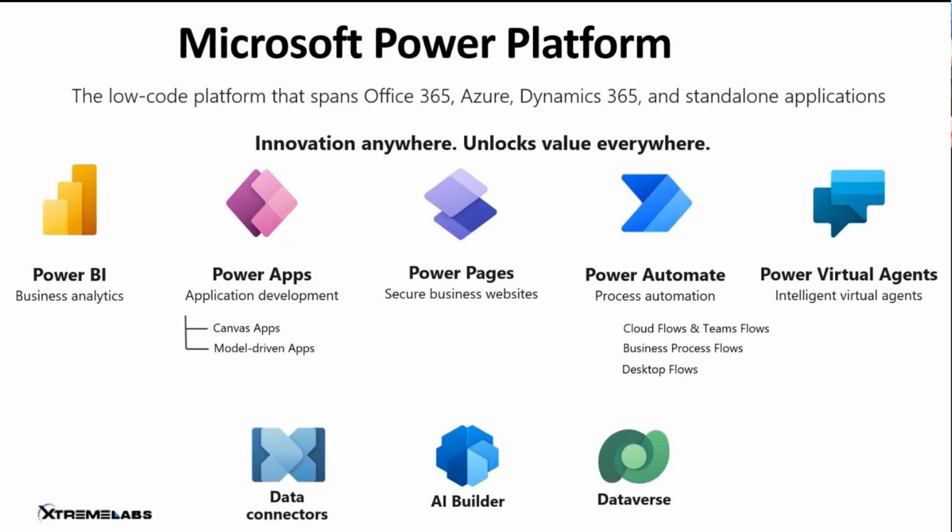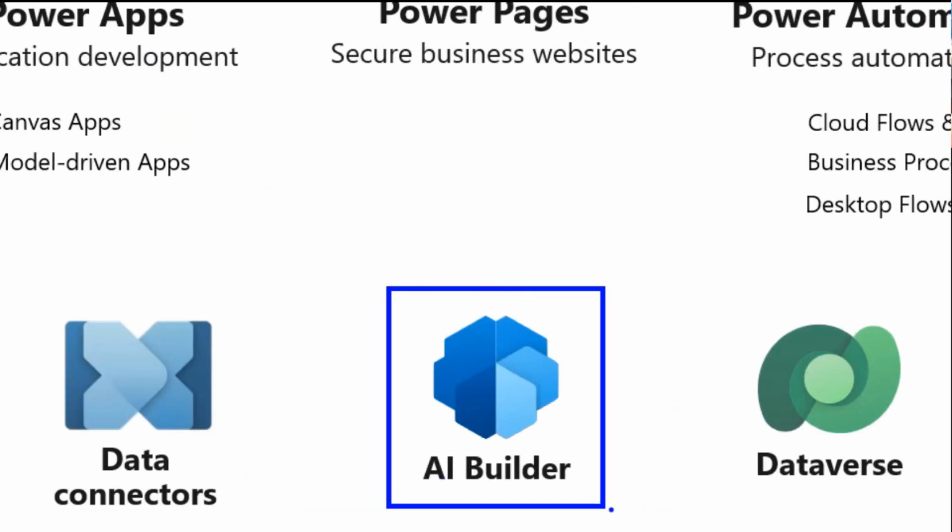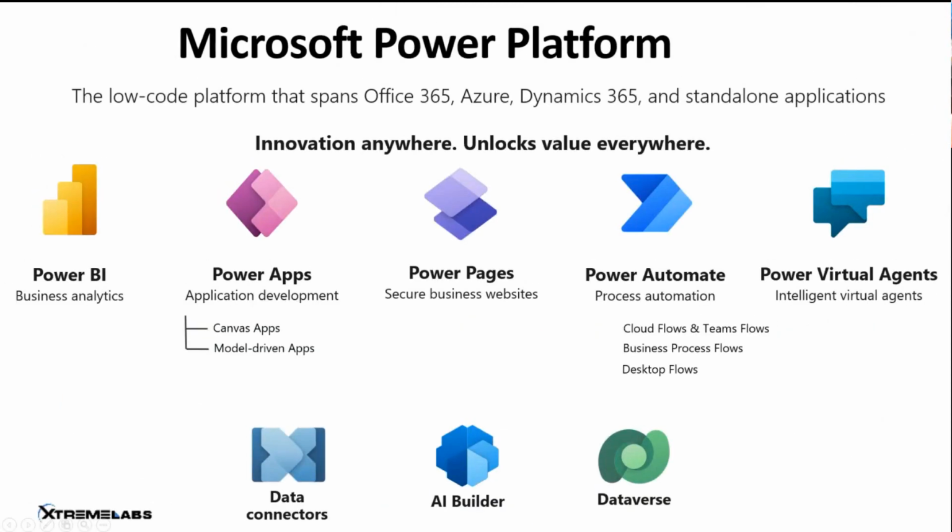purposes, okay? Business intelligence, mobile applications, automation, and obviously you have different tools like AI Builder, where you can create models that allow you to get information from documents, from images, convert text to voice, voice to text, all those kinds of things, okay?